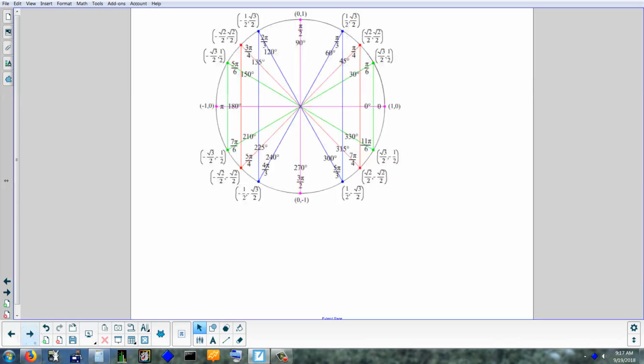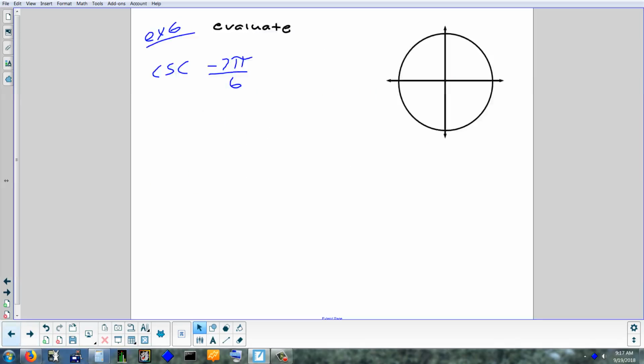How many more? I got a bunch of them. We can do one with a negative. Do people want to see one with a negative? Okay. So we've got negative 7 pi over 6. I would change it to degrees first. To change to degrees, how do I do it? Times 180 over pi.